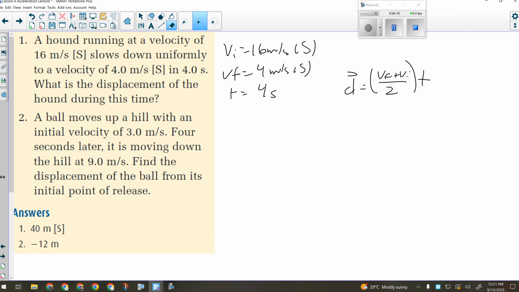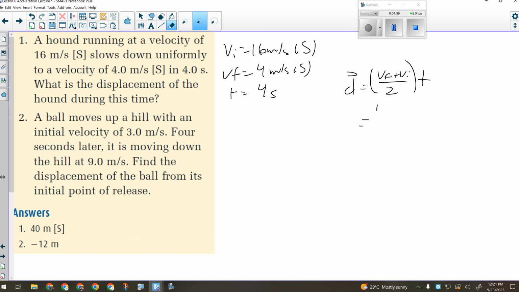Could I do this in multiple steps? Absolutely. But if I can do it in 1 step, why not? Is there a way to do this in 2 or 3 steps? Yes. But if this is a test, do you want to do it the shortest way? Saves you time anyway. So I don't have to manipulate, I just need to plug in my numbers.